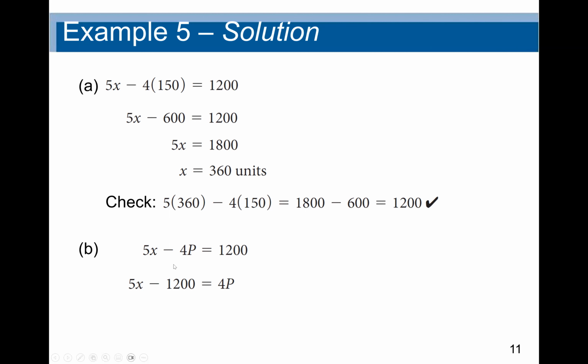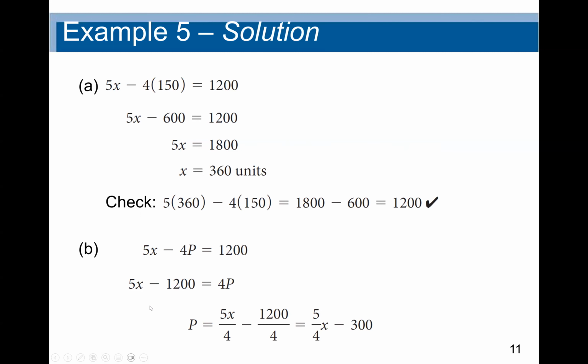Also, one thing: if you move a variable or any item from left to right or right to left, the sign will change. So minus 4p, if it crosses the equal sign, becomes plus 4p, and 1200 crossing the equal sign becomes minus 1200. Then here our goal again is to find our value for p.